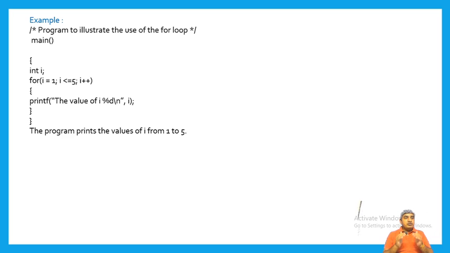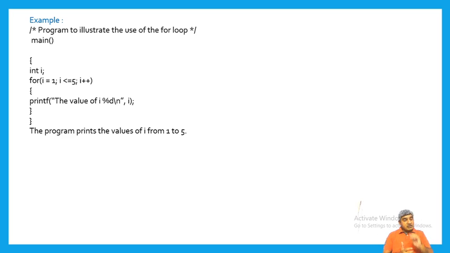Now the for loop is executed while i is less than or equal to 5. When i is greater than 5, the execution of the program goes outside the loop.